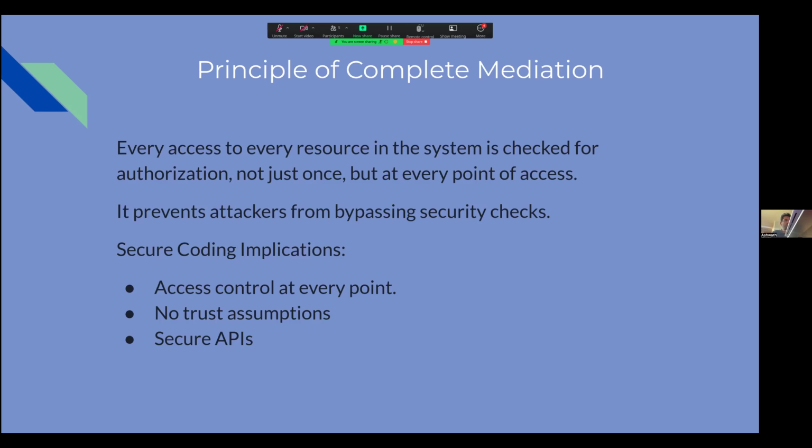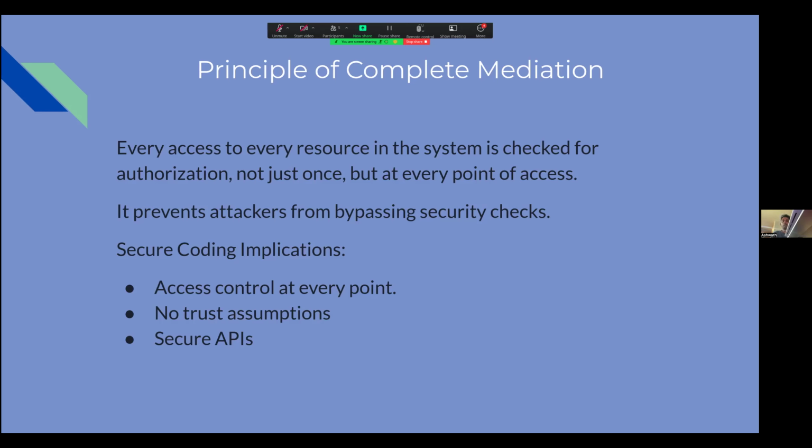For example, if an administrator user logs in and then decides to delete a particular file, the program earlier might have just allowed the user because he's an administrator, right? Instead, if you follow the principle of complete mediation, then even an administrator, before deleting a file, should be checked: could he or she do it or not?